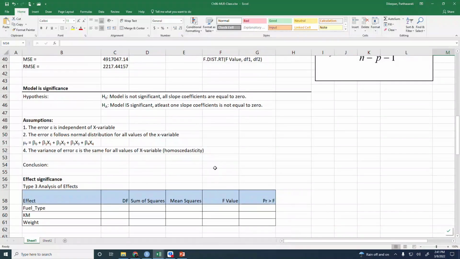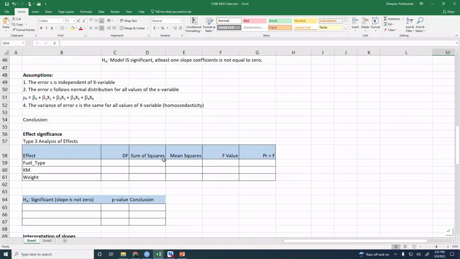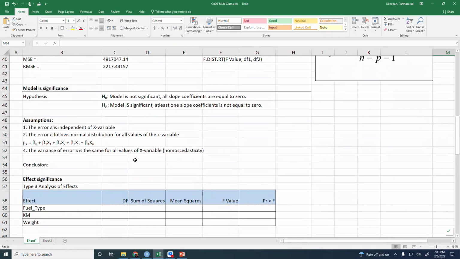All right. Okay. So these are the assumptions if you want to do hypothesis testing. Usually in data mining, we don't care about hypothesis testing very much. In classical statistics, hypothesis testing is everything.